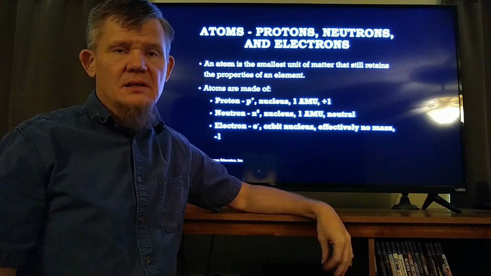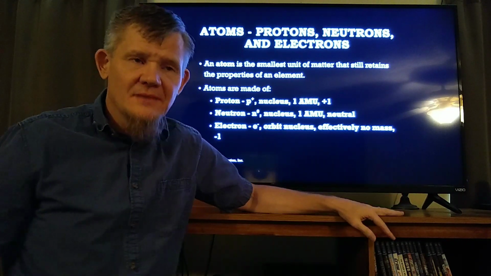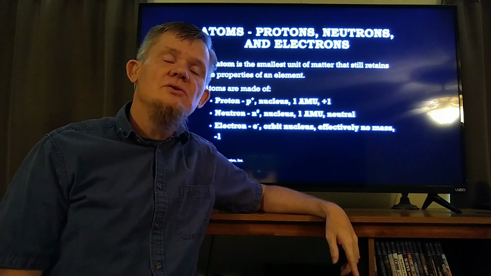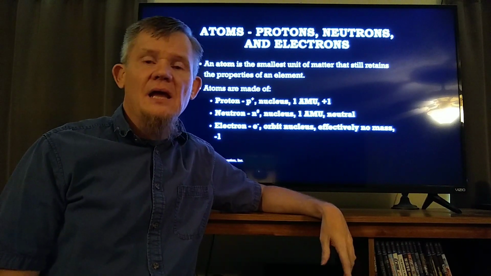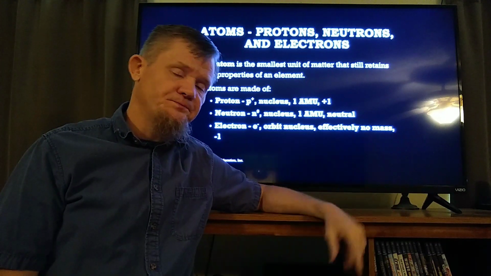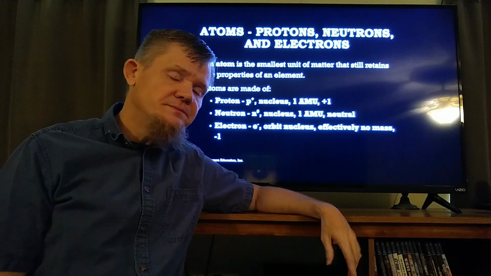It just means a proton weighs 1 proton. It really is exactly what it means. Neutrons. Neutrons are also found in the nucleus. Neutron symbol is N0. N for neutron, 0 for its charge. No charge. Neutrons also have a mass of about 1 AMU.